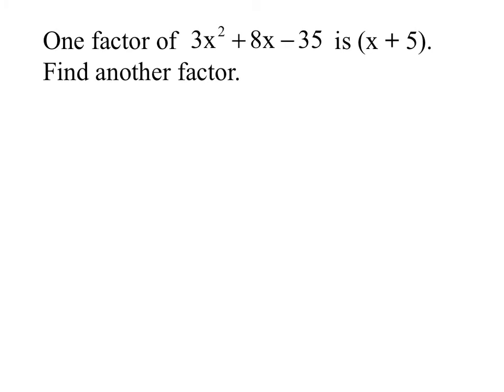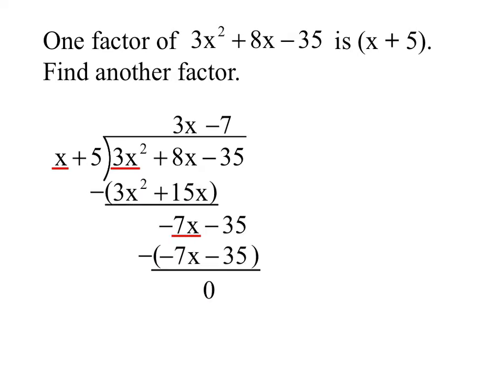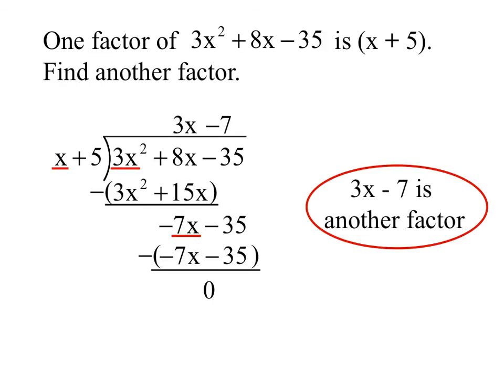Or they're actually giving you the quotient. No, they're giving you the dividend. All right, so the big one goes in the box, and if you want to pause it, do it on your own. Take your time. Otherwise, check your work. So 3x minus 7 is the other factor.